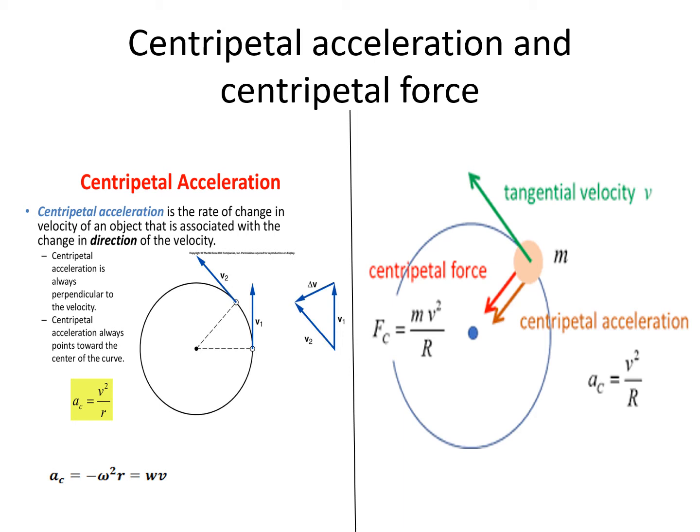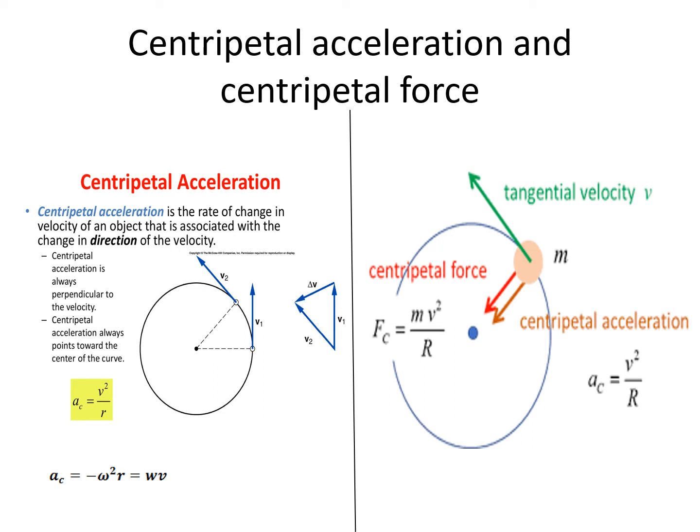Centripetal force arises due to some known interaction. For example, for the electron revolving around the nucleus in a circular path, the necessary centripetal force is given by the force of attraction between the nucleus and the electron. This force of attraction is electrostatic in nature, and so the electrostatic force of attraction provides the necessary centripetal force.